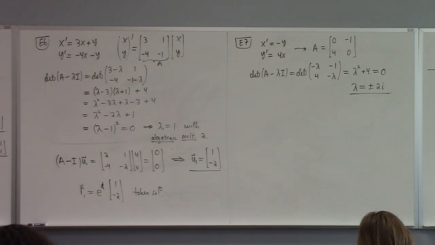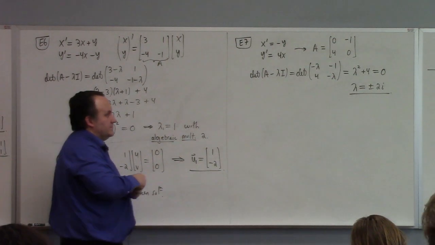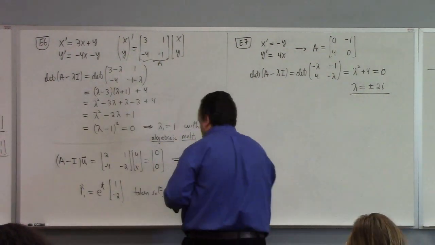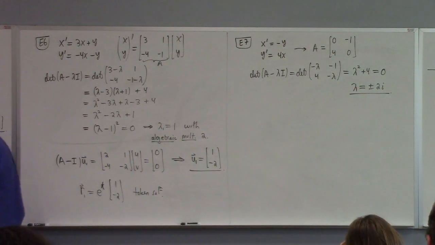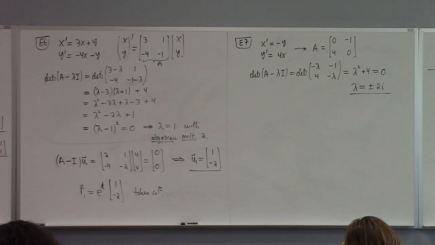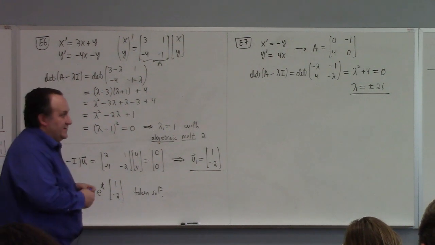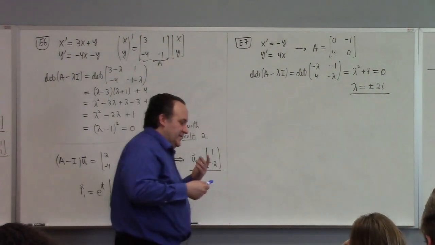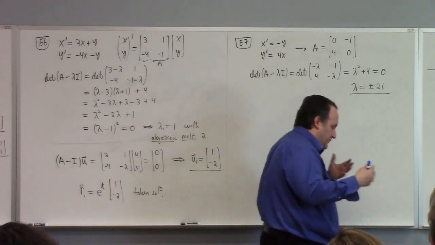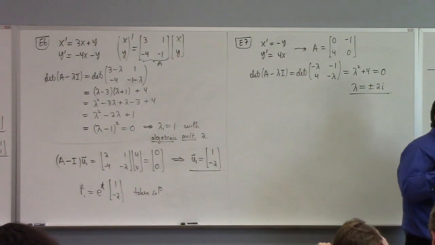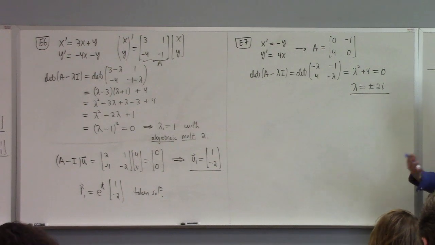So what do you think we should do? Well, think about it. Think about the calculus we did leading to the eigensolution, right? There's nothing especially real about any of that. It would all still go through if our eigenvalue was complex, because the fundamental thing that was putting it together was the fact that the derivative of e to the lambda t was lambda e to the lambda t.